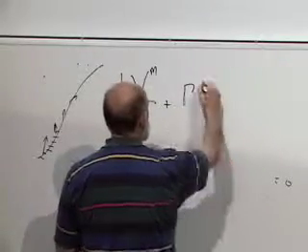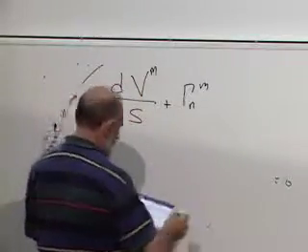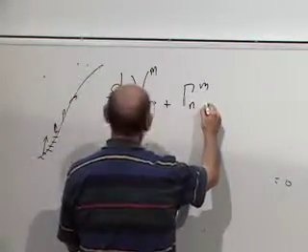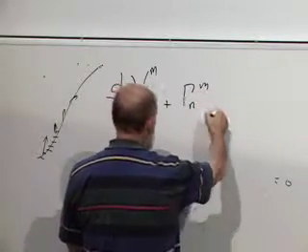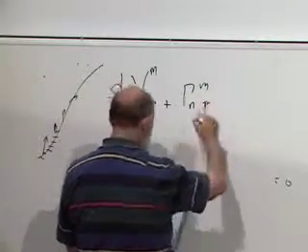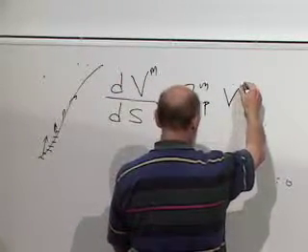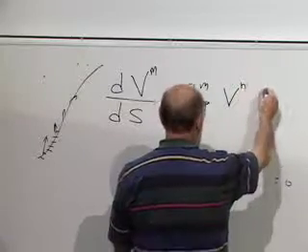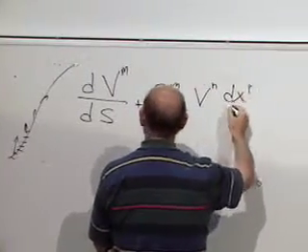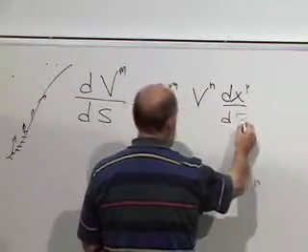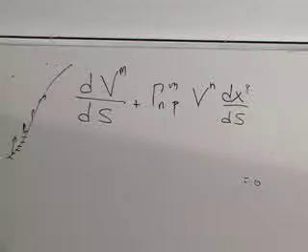Gamma mn, and then there is a V, n, dx p by ds. dx p by ds, that's a vector.